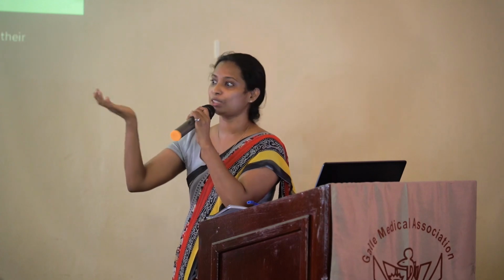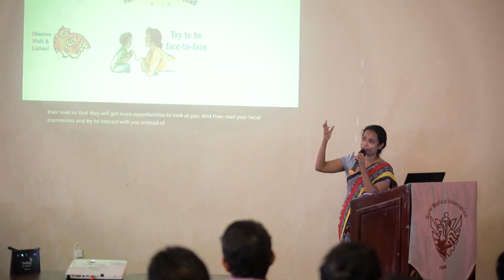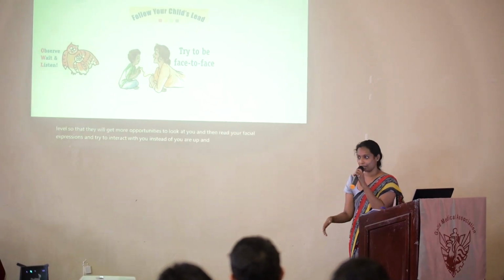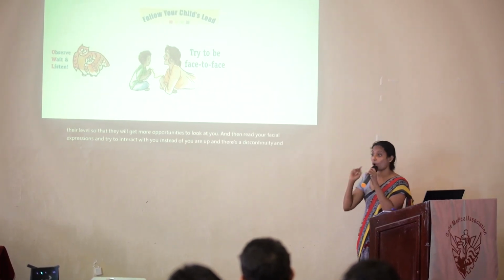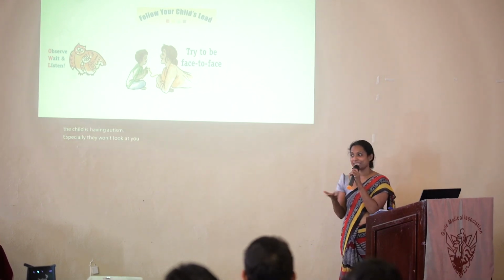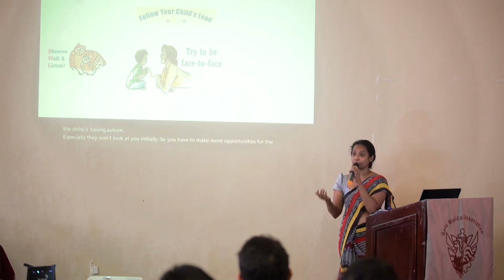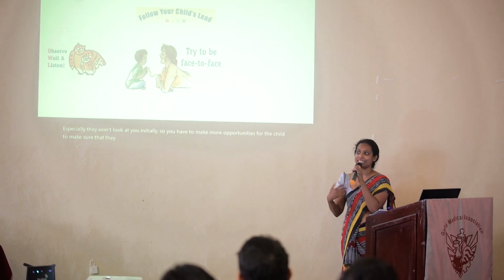So whenever you interact with the child, make sure you go to their level so that they get more opportunities to look at you, read your facial expressions and interact with you, instead of you being up and there being a discontinuity. And if the child has autism especially, they won't look at you initially. So you have to make more opportunities for the child to look at your face and then interact with you.